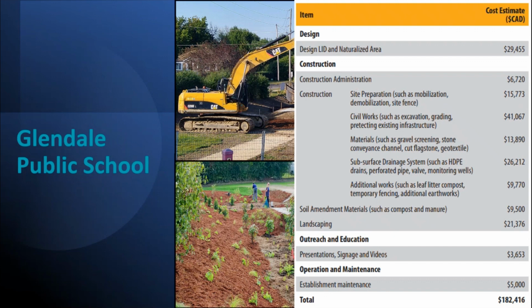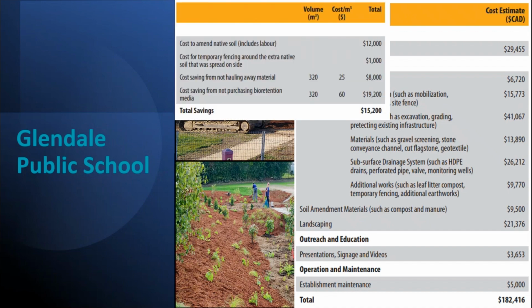The total cost saving that resulted from spreading the excess fill soil from construction and amending some of the excavated topsoil on site with horse manure and compost, both increasing organic content for plant growth and increasing infiltration ability instead of bringing in new bioretention media, saved the project approximately over $15,000, which you can see here in the second table.